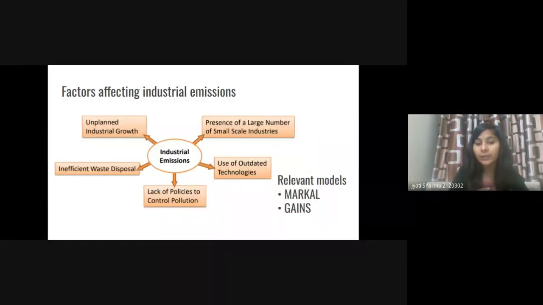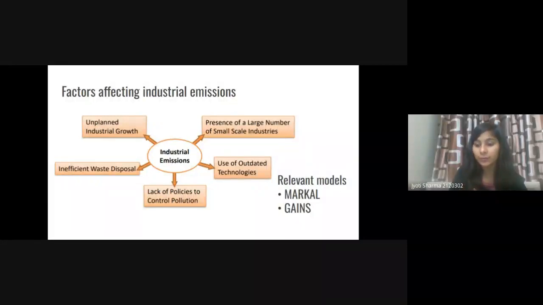So how many large scale industries and how many small scale industries you have will have an impact on your emission inventory. Then, use of outdated technology. If your industry is using outdated technology, it may release a higher amount of pollutant in comparison to the innovative technology you may adopt at present.